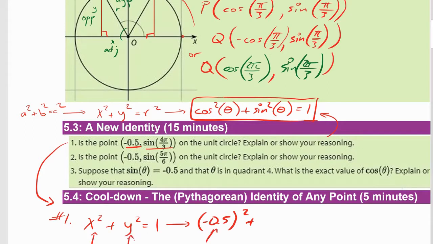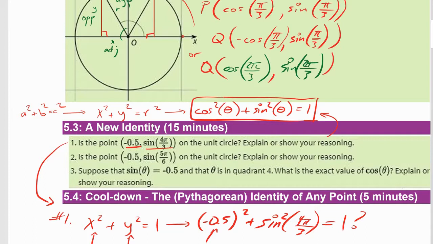But for y, they gave us sine of 4 pi over 3, so we're going to have to plug in sine. And when we square sine, it's sine squared of 4 pi over 3. Does that equal 1? If it does, yes, that coordinate will be on the unit circle. Okay, so go ahead and test that.